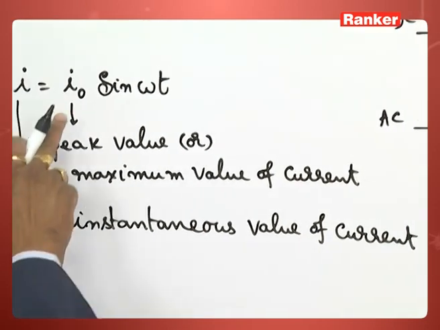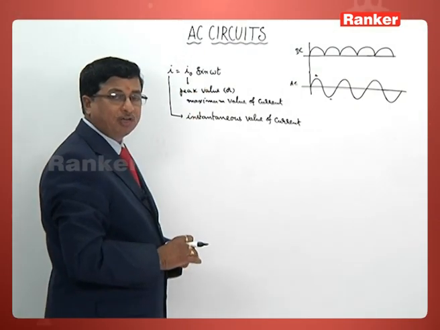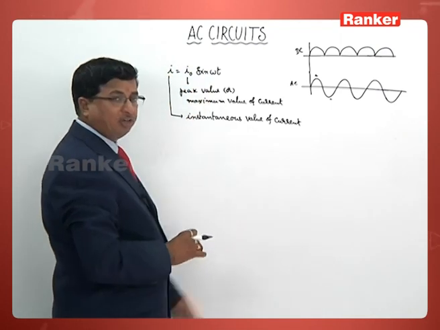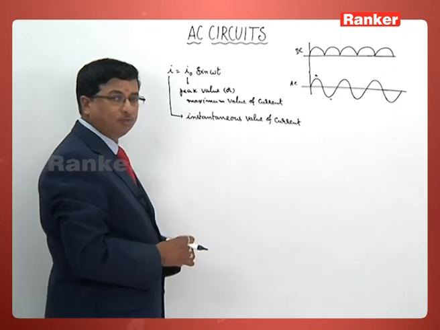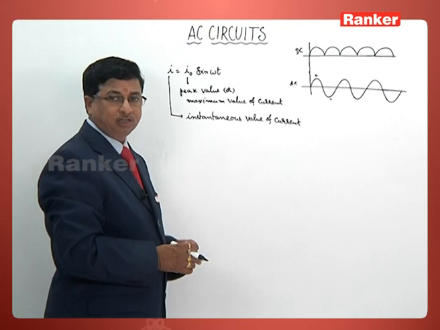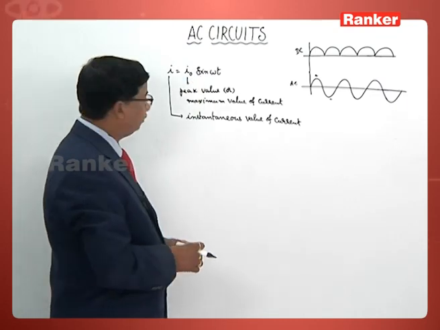So I naught is the maximum possible value of alternating current, whereas I depends on t. Thereby, we call this the instantaneous value of current after certain time t. What is the value of current? If we want, we directly measure using this formula.